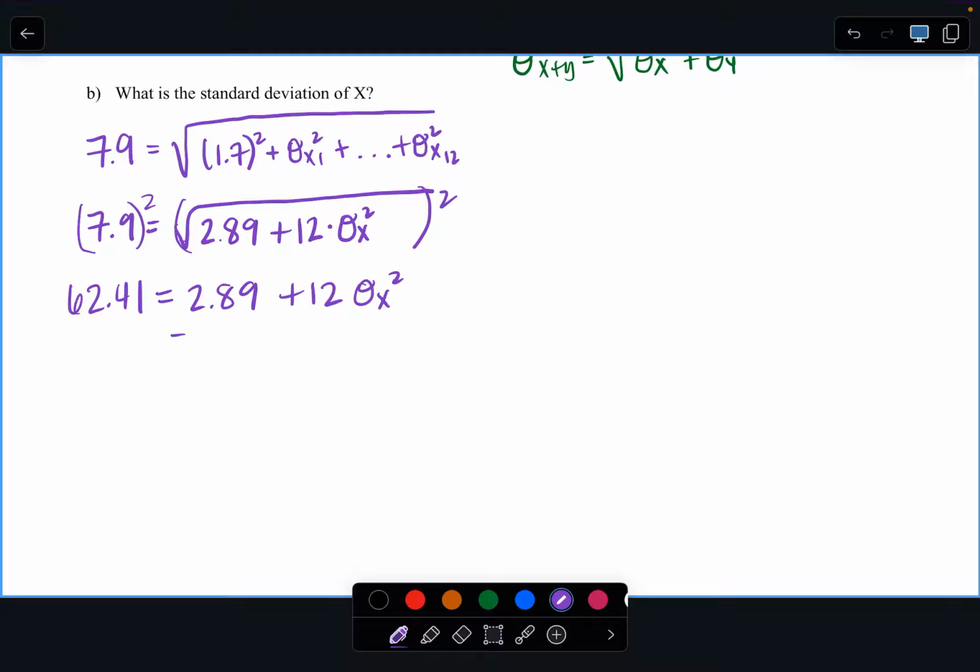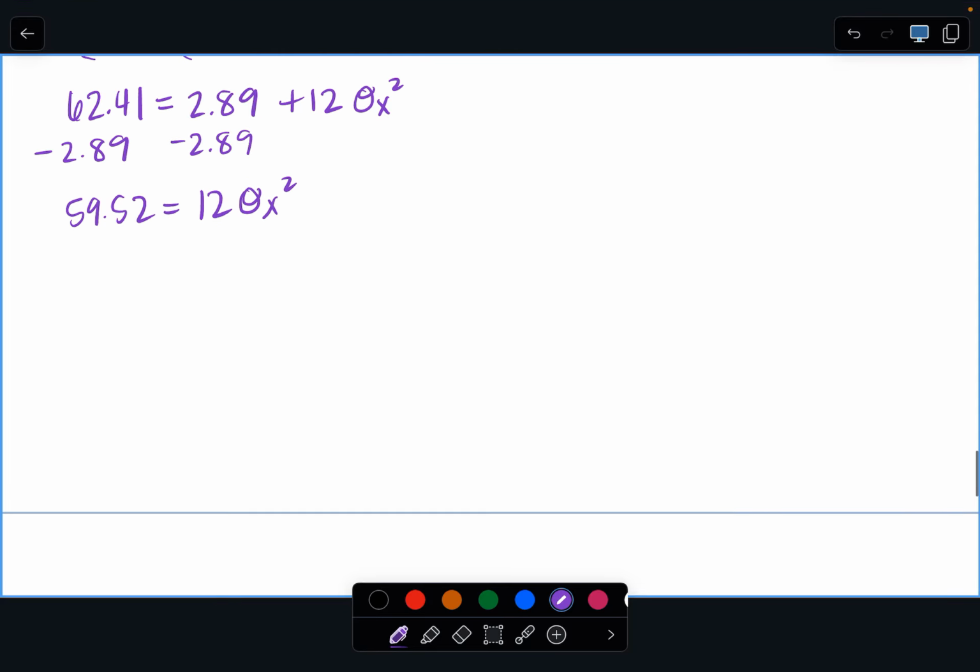Then I would subtract 2.89 from both sides, which gives 59.52 equals 12 sigma x squared. Then we divide by 12. 59.52 divided by 12 is 4.96, which equals sigma x squared.